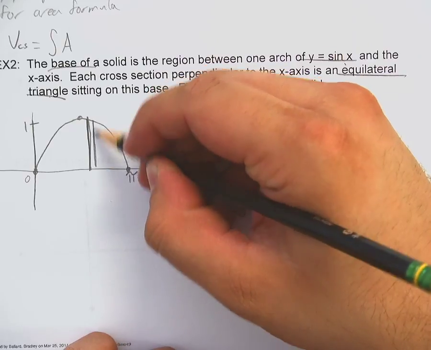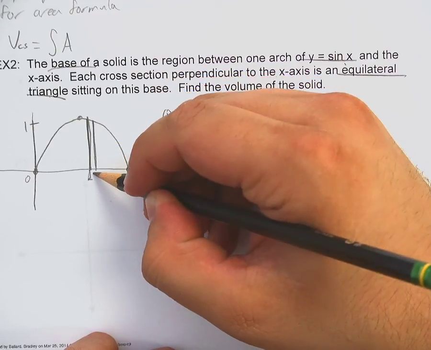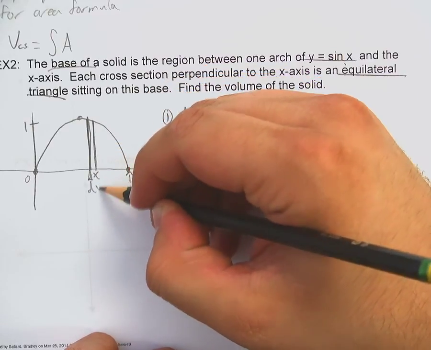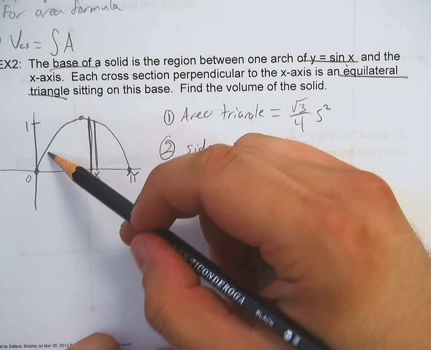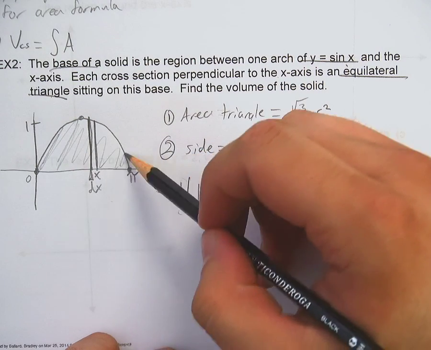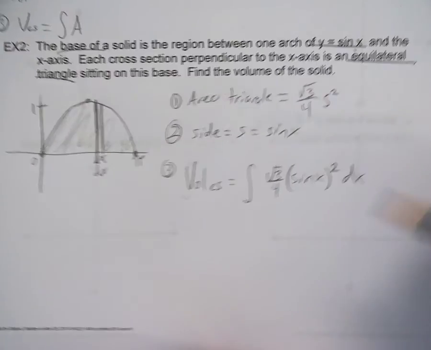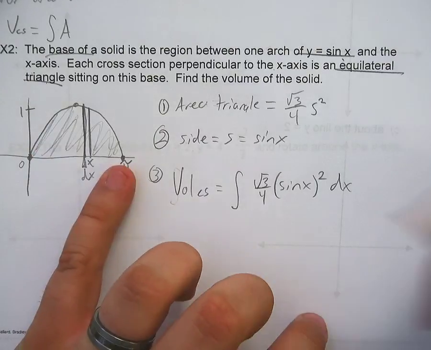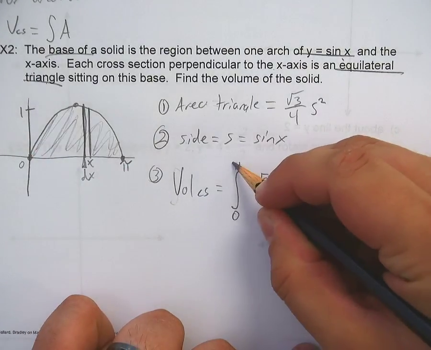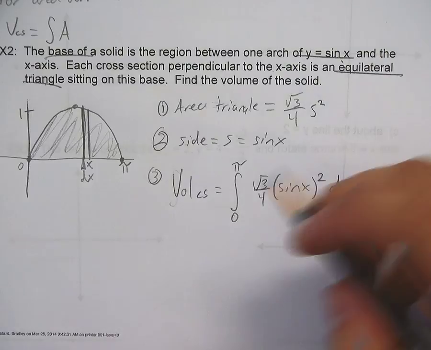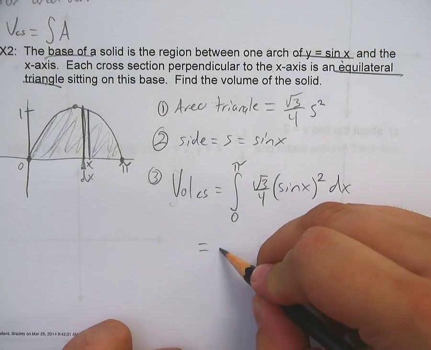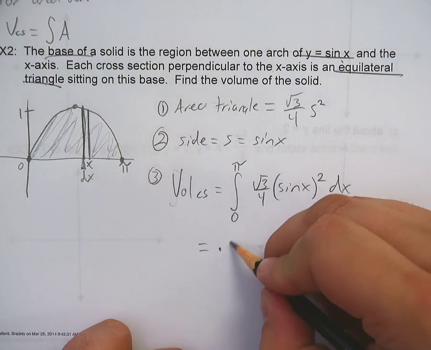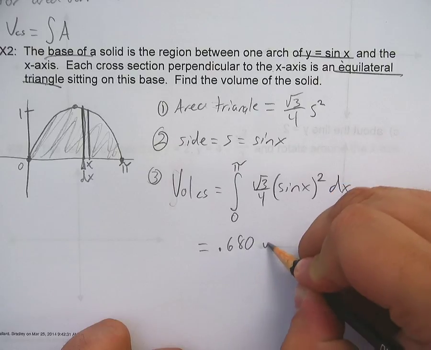So this is your delta x, which means you're using dx. Here's the area you're trying to find. And then limits of integration from 0 to pi. That's going to give you roughly, make sure you're in radians here, 0.680 units cubed.